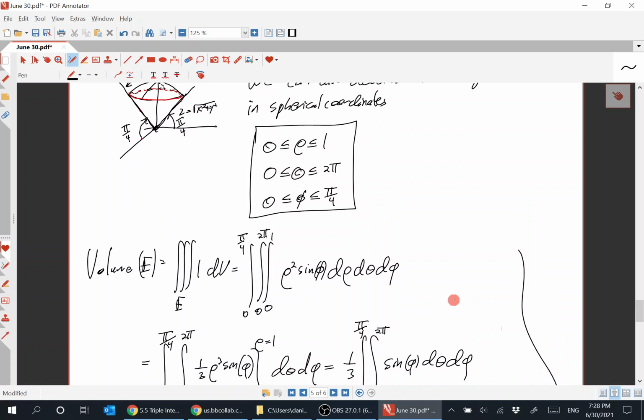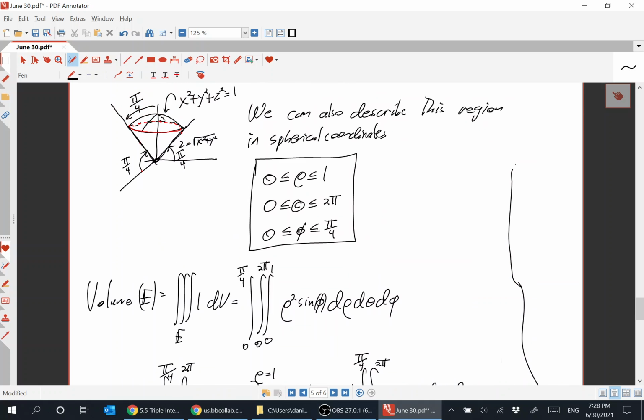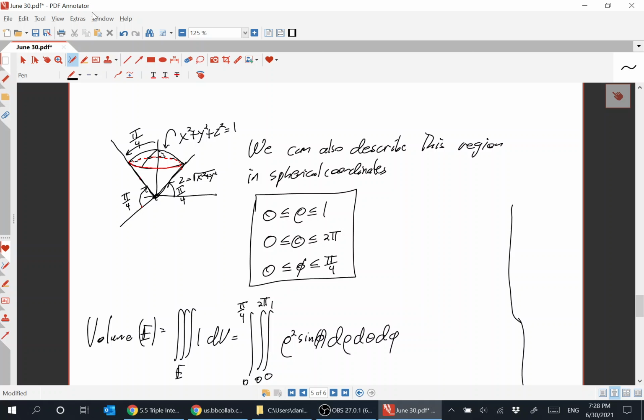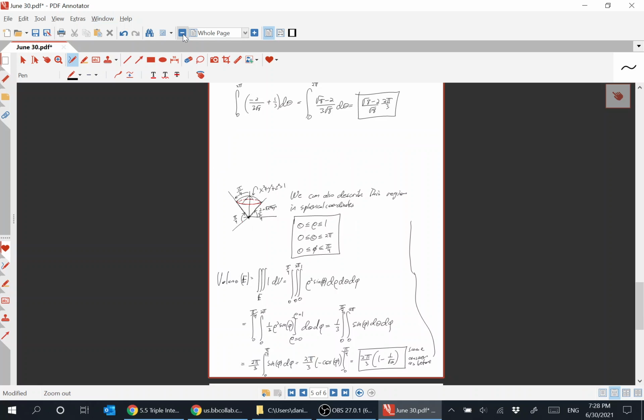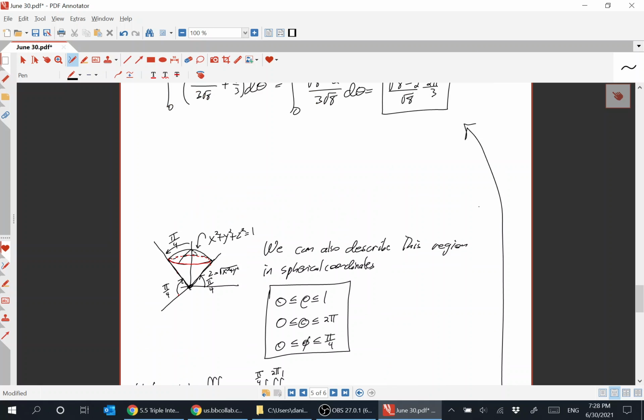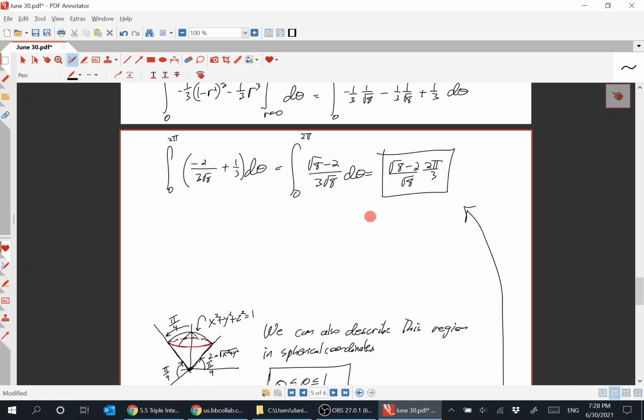Although not immediately, but I'll show you how. Got to do a little bit of algebra. So this is root 8 over root 8 minus 2 over root 8 times 2 pi over 3. So this is 1 minus, well, root 8 is 2 root 2.